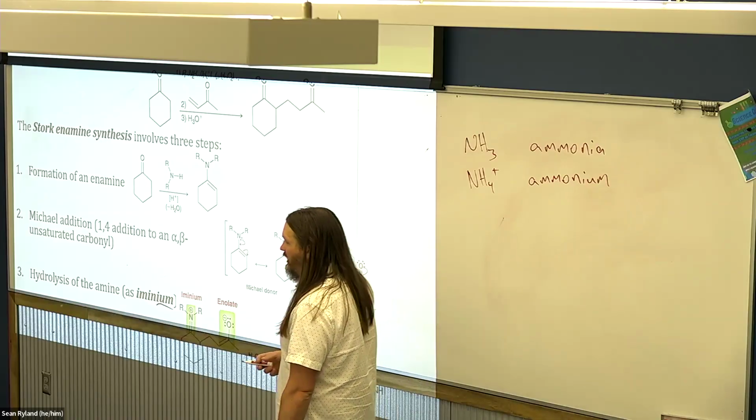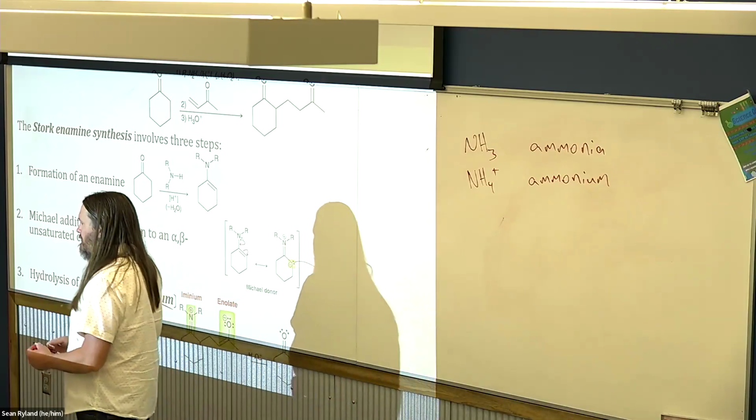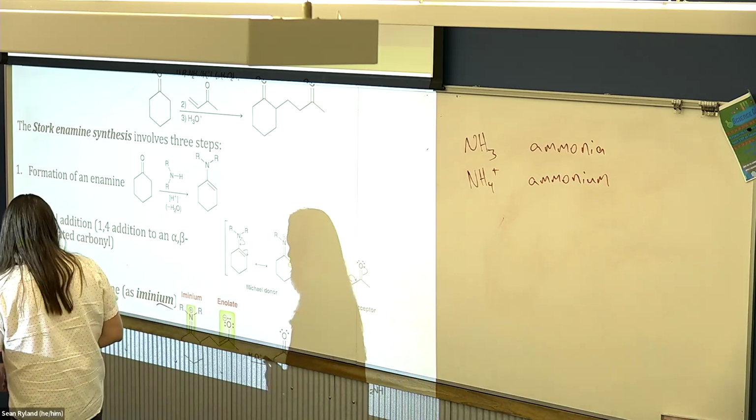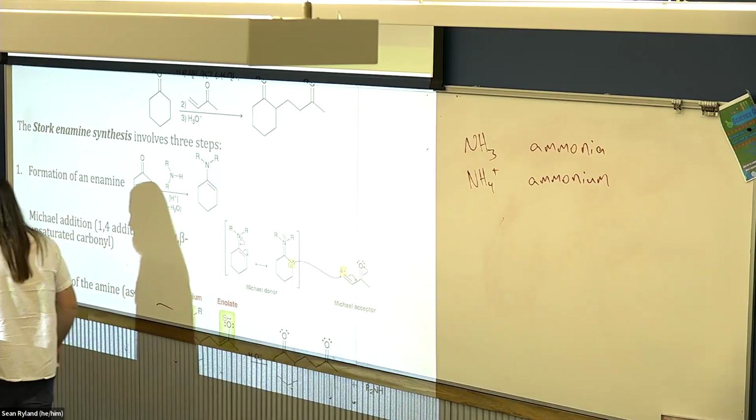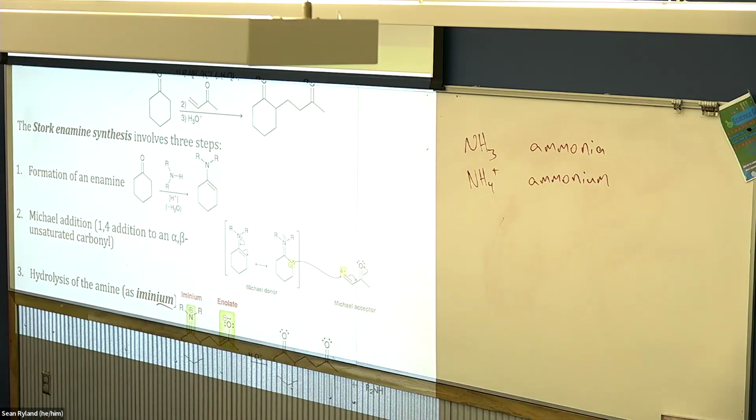Same with water and hydronium. Protonated form gets that "ium" suffix. So an imine that's got a positive charge is called an iminium. It's the positive charge, more than the protonation in this case, but that's what that suffix means.